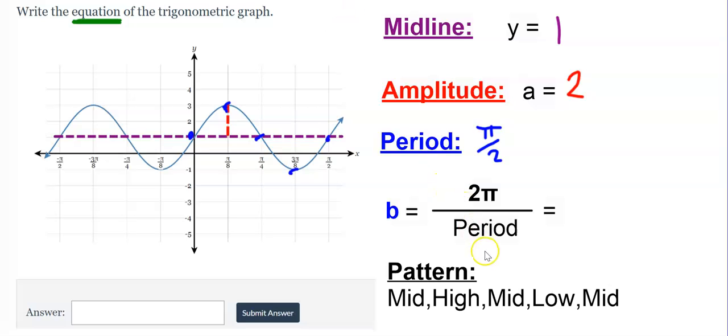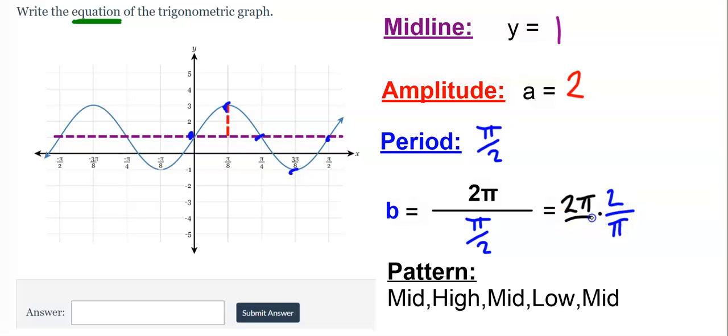We can now use that period we just found to find the frequency, which is our b. And the formula for the frequency is 2 pi divided by the period. So here I'm going to paste what we just found over here. Now, as you should remember, a number divided by a fraction is the same as multiplying with the second fraction flipped. So we're going to write 2 pi again like normal, but we're going to multiply it with the second fraction flipped, which is now 2 over pi.